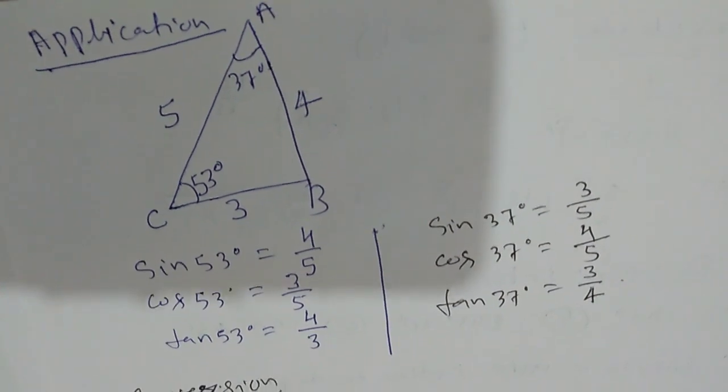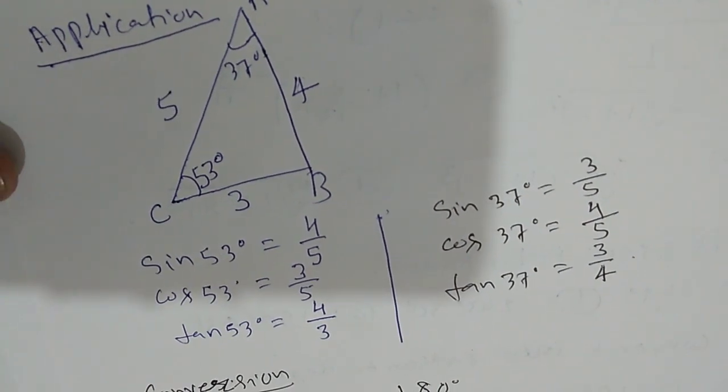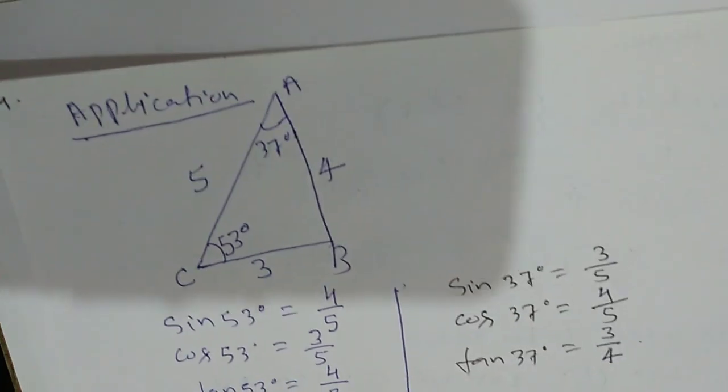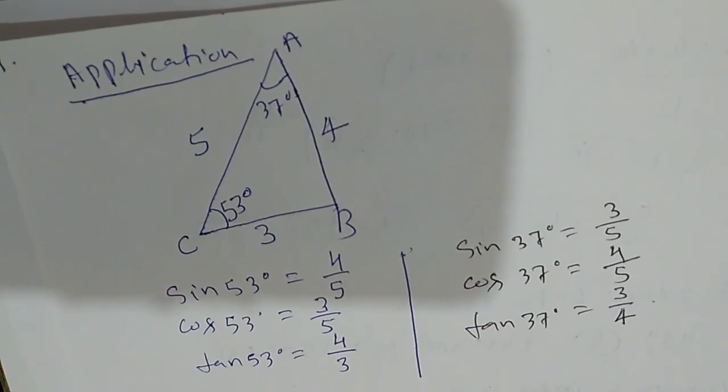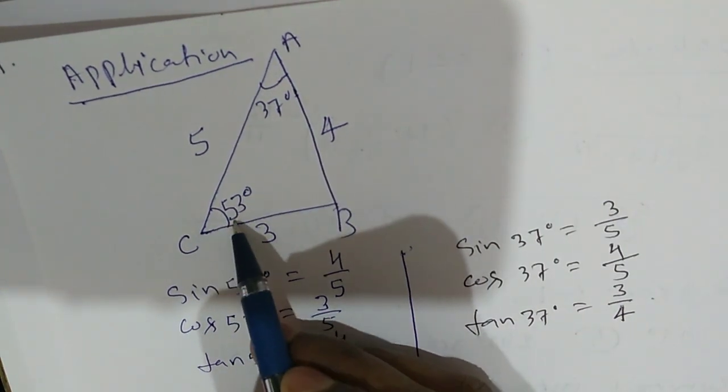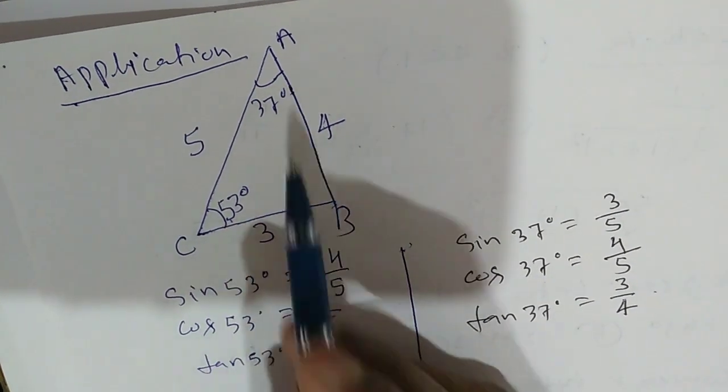Now the next one is the application part of this. This one is very important, not only for your examinations in school, but also in competitions like NEET and IIT-JEE. So always remember, here are given angles 53 and 37.